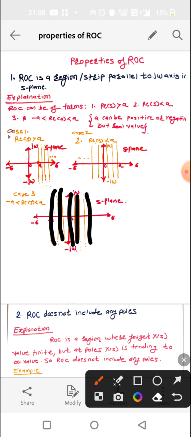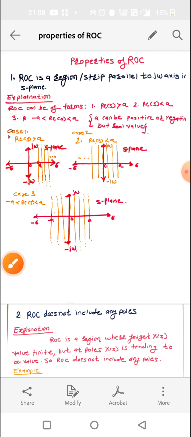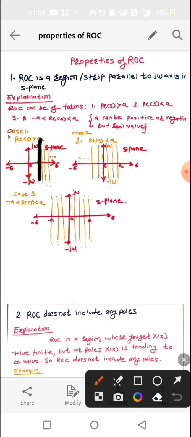So in short, we can say that ROC is nothing but the values of sigma. If sigma value is fixed, then you are definitely going to get one vertical line which is parallel to the j omega axis. If sigma equal to A, then you will get the line parallel to j omega, because j omega varies, and on the j omega axis sigma is equal to 0.